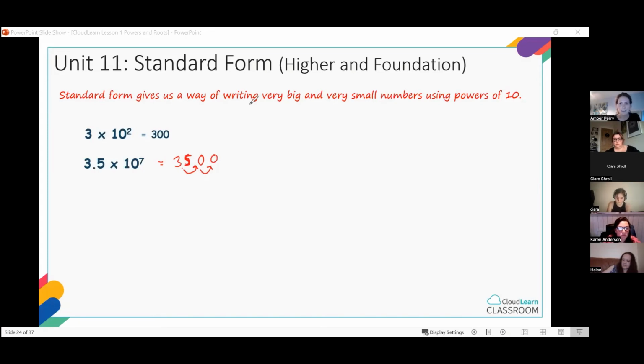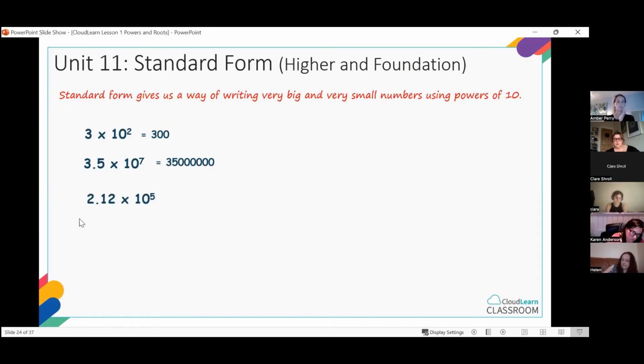And if I remove my drawing and make that look a little bit nicer, hopefully you'll see it's a 3 and a 5 and then 6 zeros there. Okay, so you can see we've moved that decimal point one move to the right there, and then another 6 moves.